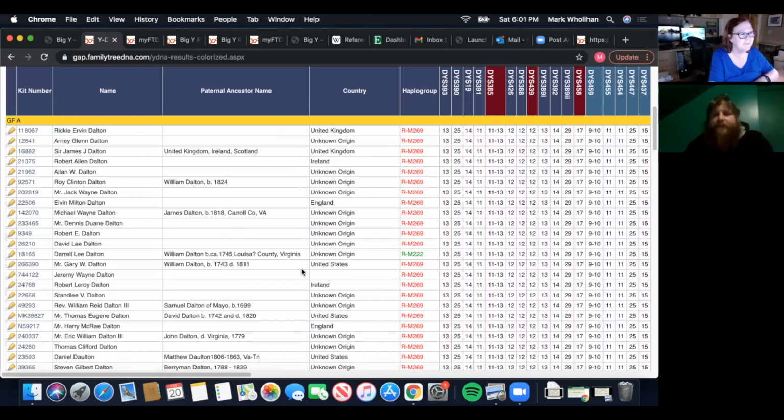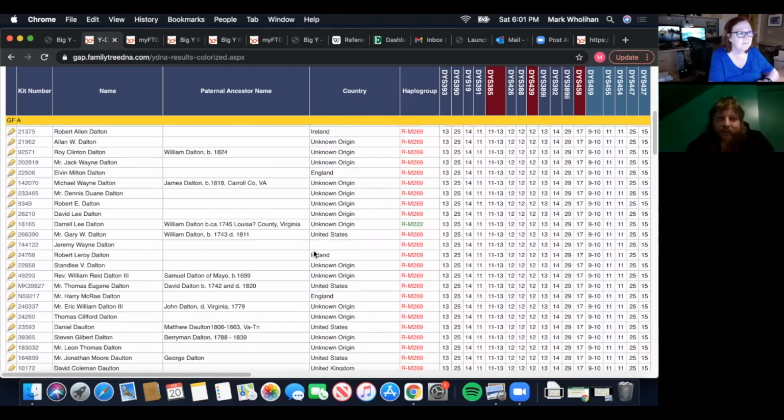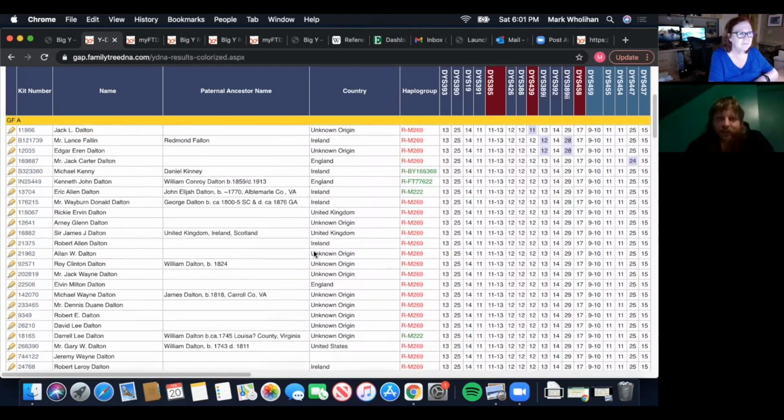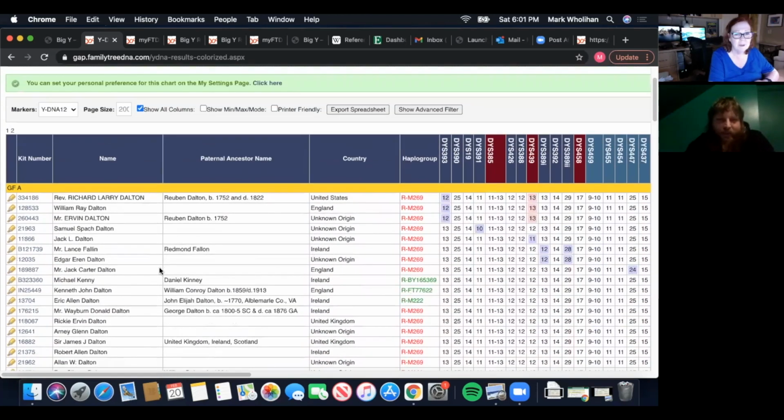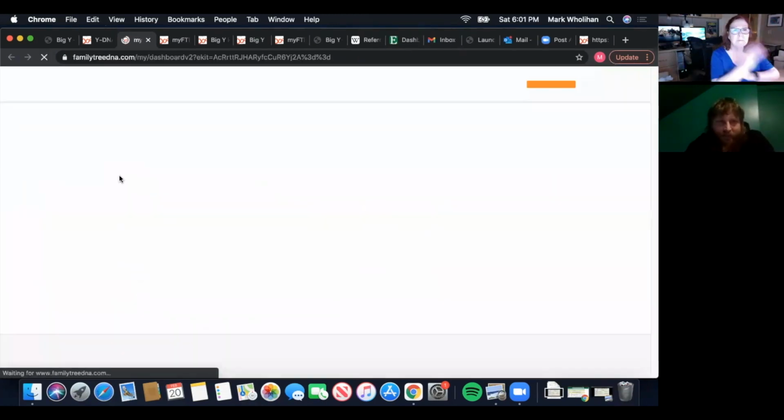I can probably already tell you it's Irish. It looks like right here, RM222. These are all Irish lineages here. Let me look at Kenneth John's Big Y, where he's at on the tree.